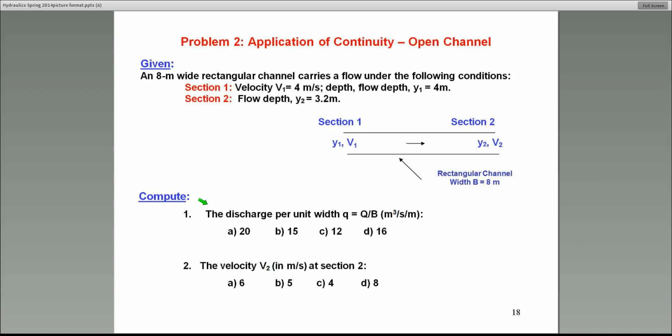I have formulated a problem for you to work at home for an open channel system. Let me briefly tell you what the differences will be between the two systems. Keep in mind that the flow depth is what's normally given in the case of open channel systems, and it takes the place of pressure head in a full pipe flow situation.